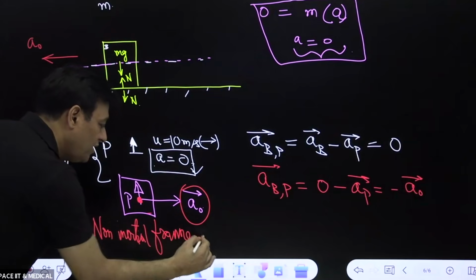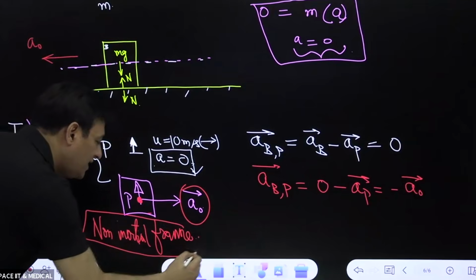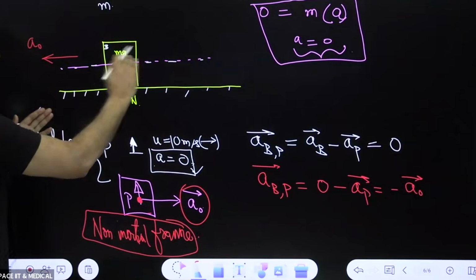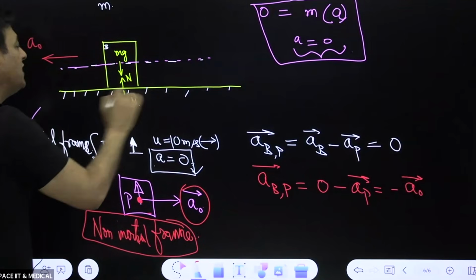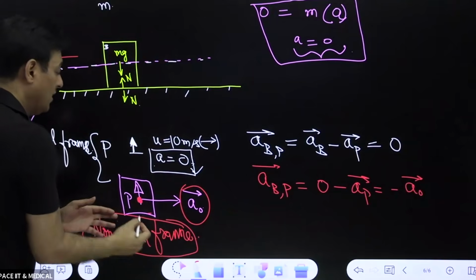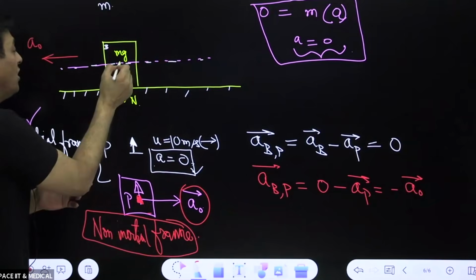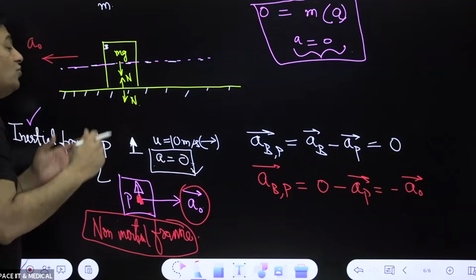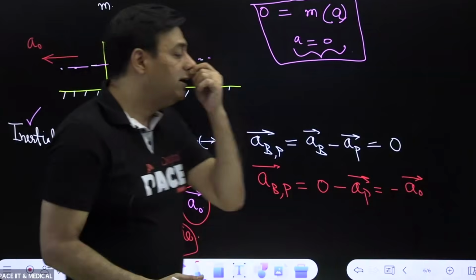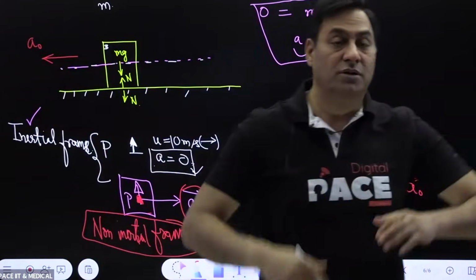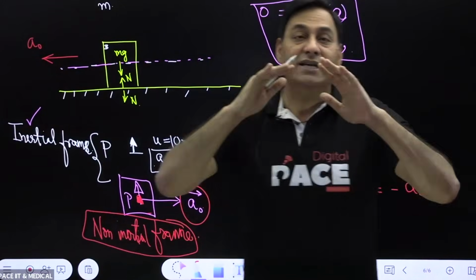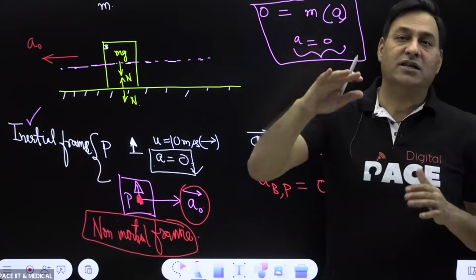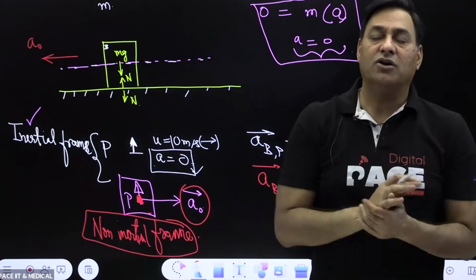And if my frame is non-inertial, in that frame there will always be a discrepancy. There is no force acting on this body, and yet I feel that this block has an acceleration a naught in this direction. How is that possible? Without any external force, the block is having acceleration as observed by me. That is a discrepancy. Newton's laws are failing in a non-inertial frame.